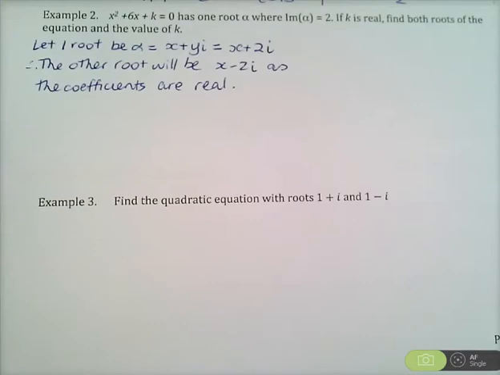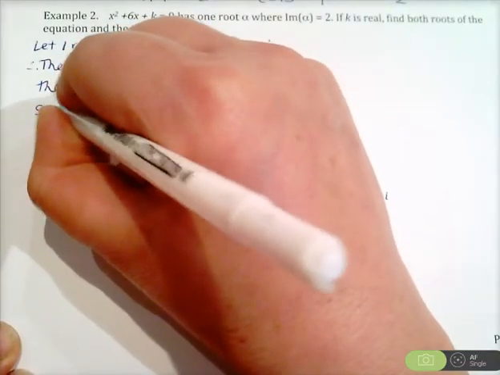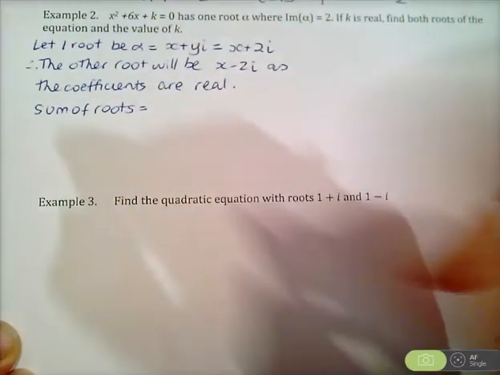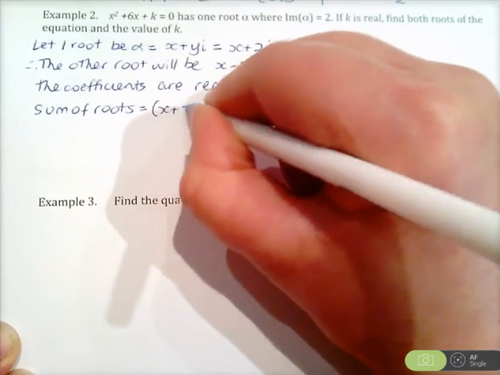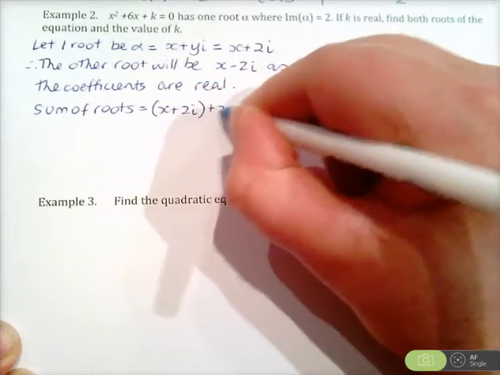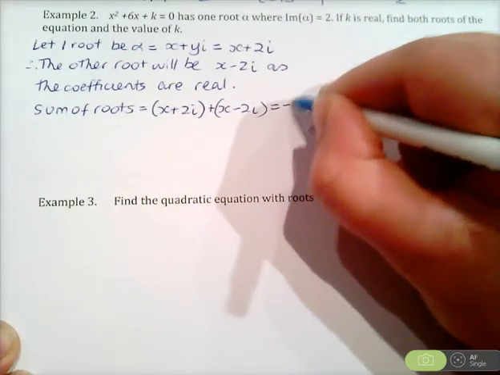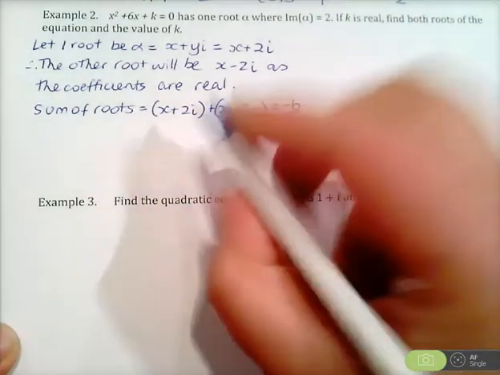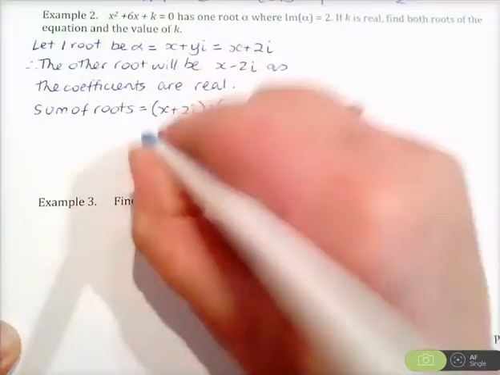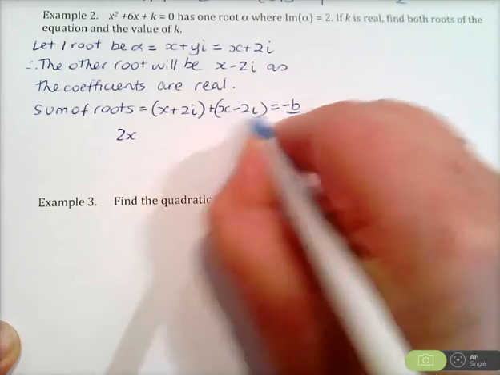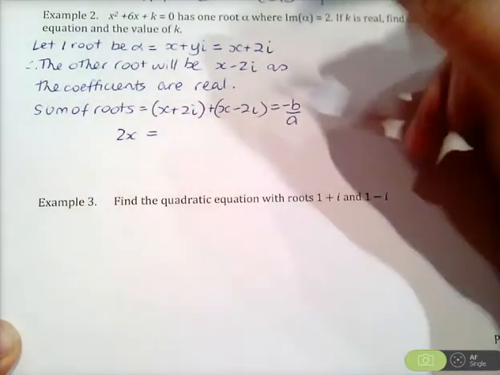Now, let's look at sum of roots. The sum of roots is x plus 2i plus x minus 2i, which is minus b on a. Let's add and do our substitutions. x plus x is 2x, 2i minus 2i is 0, equals minus b on a.